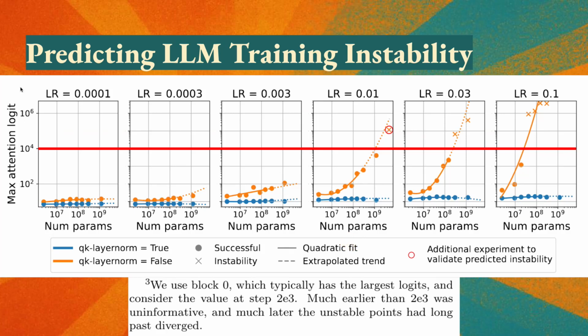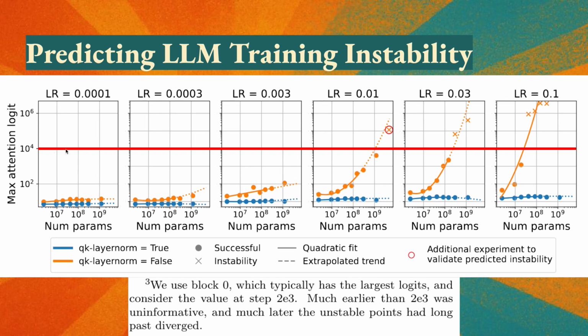On the y-axis, we have the maximum attention logit, going from 100, 10,000 up to 1 million. Each chart from left to right has an increasing learning rate associated with it. And on the x-axis, we have the number of parameters, so the model size, from 10 million up to 1 billion parameters plus.